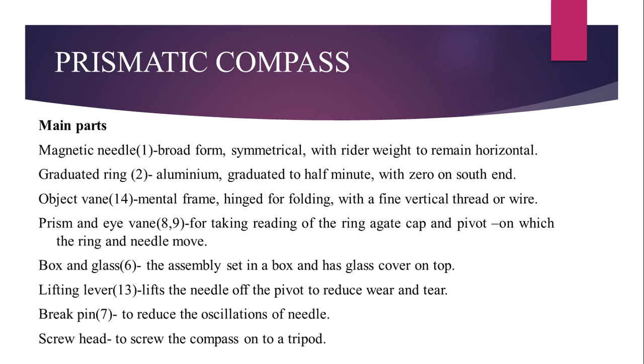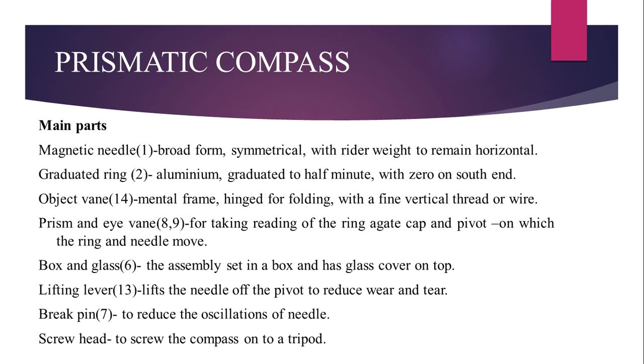Graduated ring. Aluminium graduated to half minute with 0 on south end. Object vane. Metal frame hinged for folding with a vane with vertical thread or wire. Prism and eye vane for taking reading of the ring. Agate cap and pivot on which the ring and needle move.